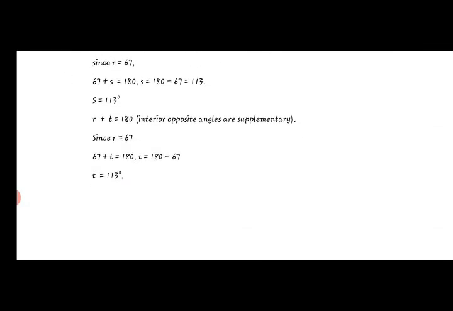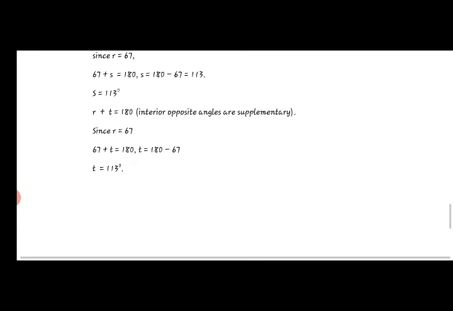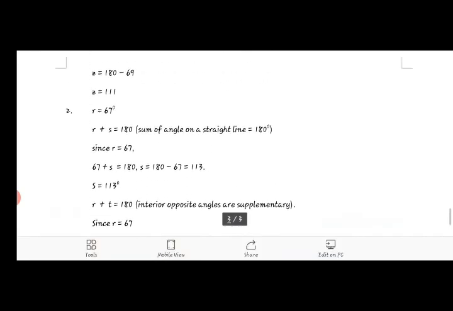That is interior opposite angles. Since we've gotten our R to be 67, 67 plus T is equal to 180. Your T is equal to 180 minus 67. Your T is equal to 113 degrees.